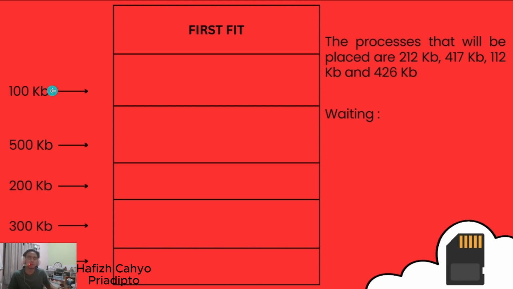If the process is bigger than the memory, it cannot fit in that block. So we check the first column first. It cannot be placed in because it is bigger than 100, and next we check again.